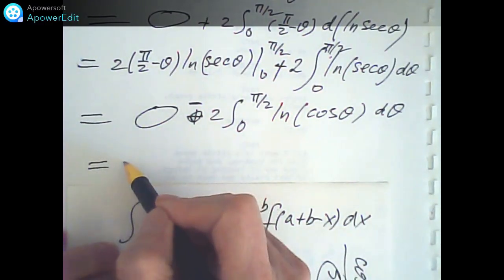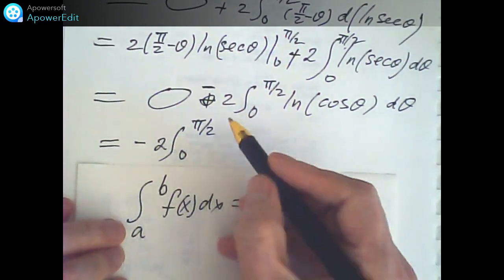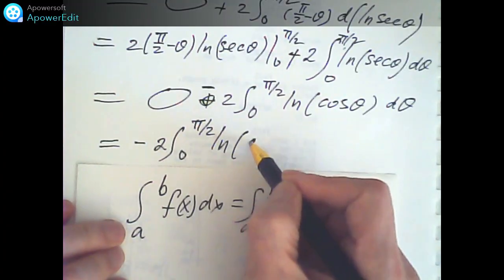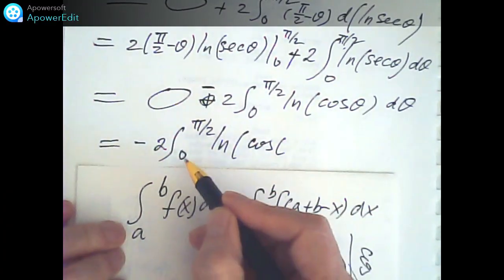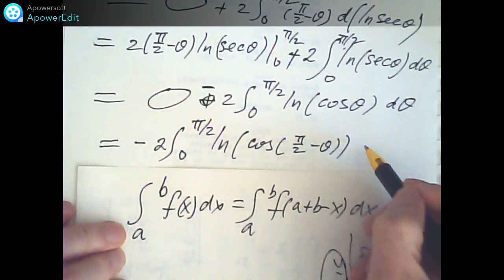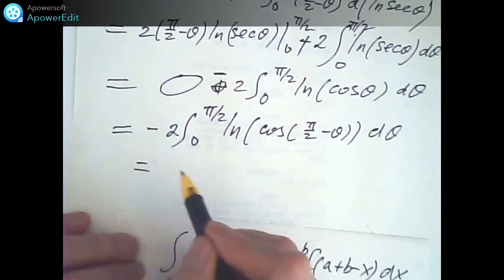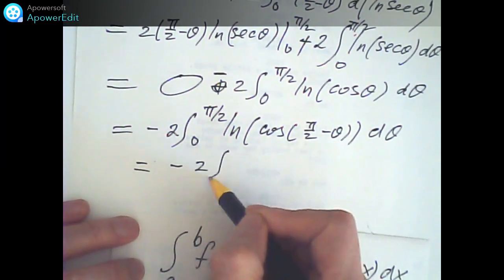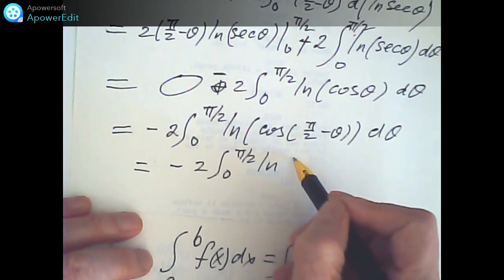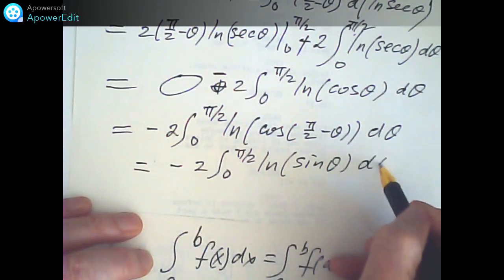This one is equal to negative log cosine of this plus this, half pi minus theta, d theta. So this one is equal to 2 times the integral from 0 to half pi of natural log sine theta d theta.